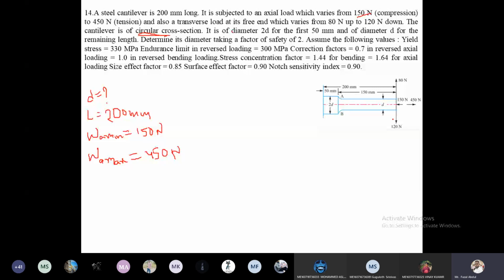And the factor of safety is 2, and yield strength is 330 megapascal.